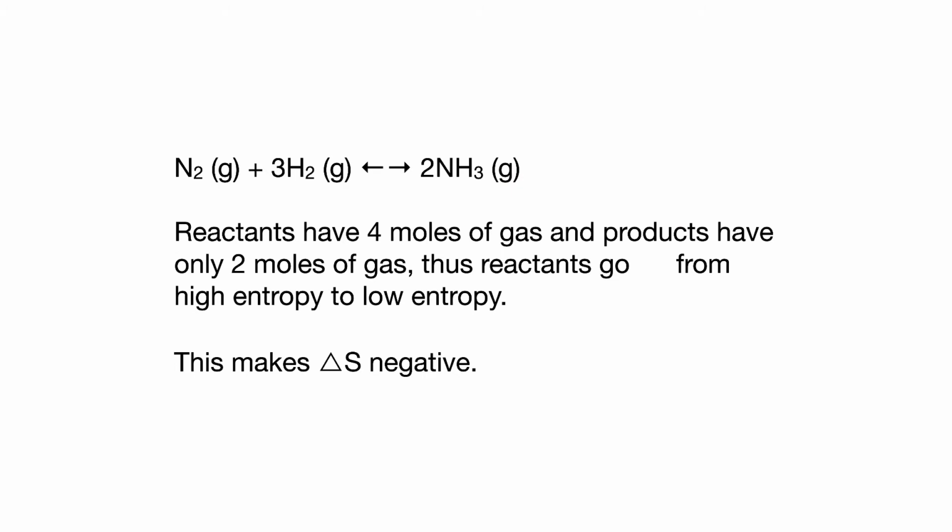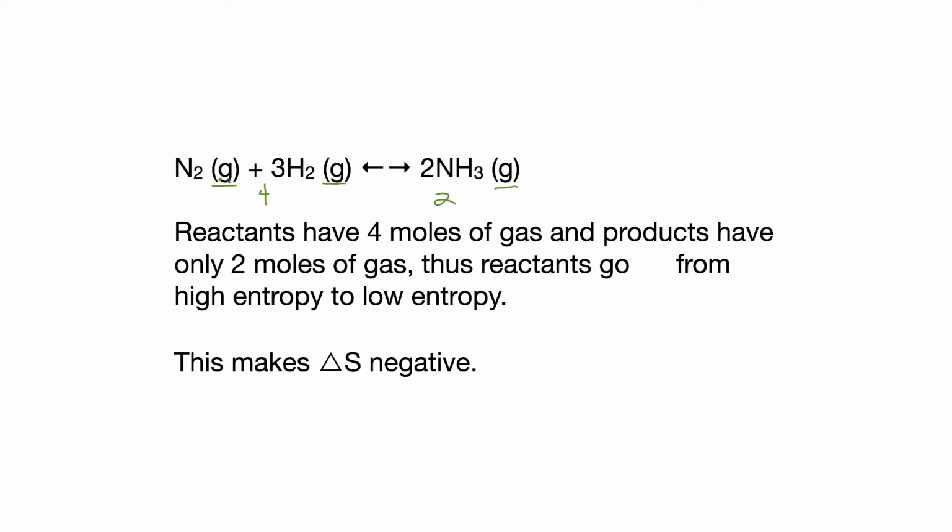Okay, here's another one. We have nitrogen, this is a gas. We have hydrogen as a gas, and we have ammonia as a gas. Oh, see, now we have all 3 gases. So now we have to look at the number of moles. We have 1 mole of the nitrogen. We have 3 moles of the hydrogen, so that gives us a total of 4 moles on the reactant side. And over here, we only have 2 moles of ammonia. So the reactants have 4 moles of gas, the products only have 2.